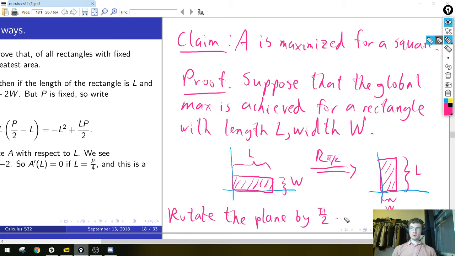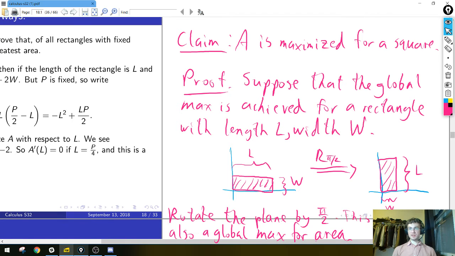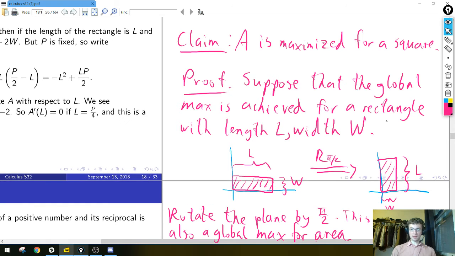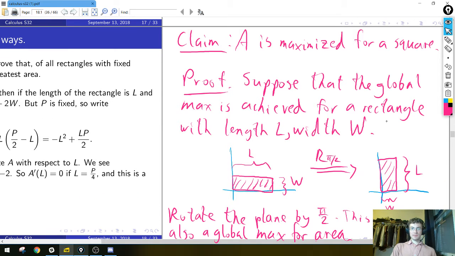So the punchline is that this rectangle is also a maximum for the area function, a global maximum. So now we have an interesting fact. Based on this argument, if you rotate the plane by 90 degrees, you have another global maximum.